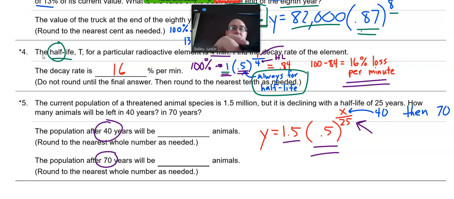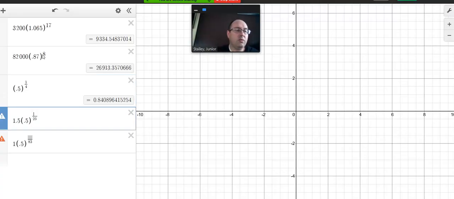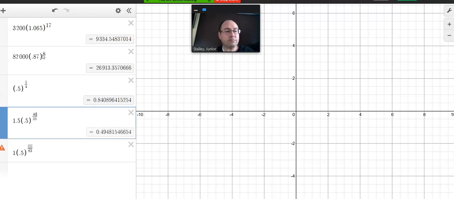So let's jump over to Desmos and do that. So here we're plugging in 40. And so we're down to less than 500,000, right? I guess they're going to make us convert that. So I guess you could do this.